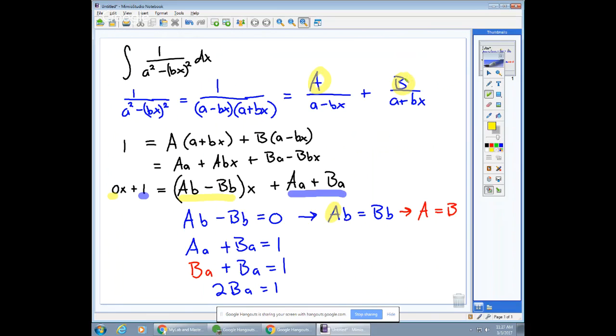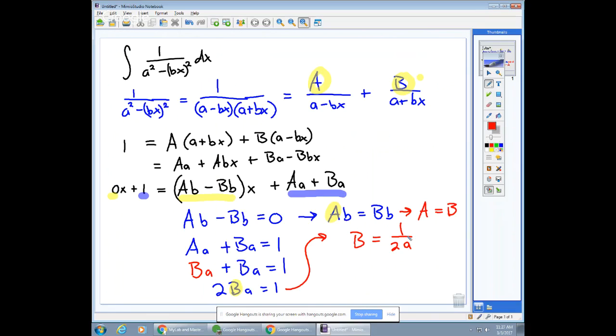And remember, I'm trying to solve for big B. So to do that, I just divide by 2 little a. So I get big B is equal to 1 over 2 little a.